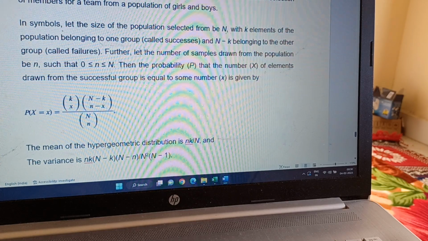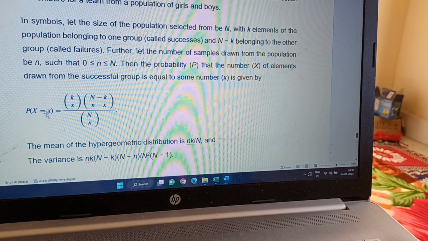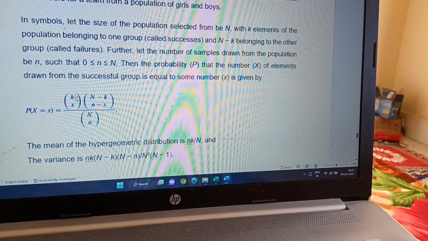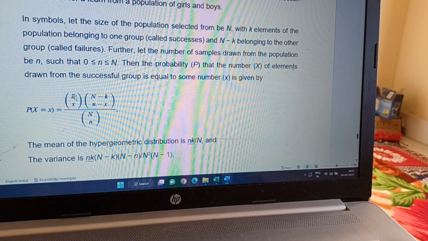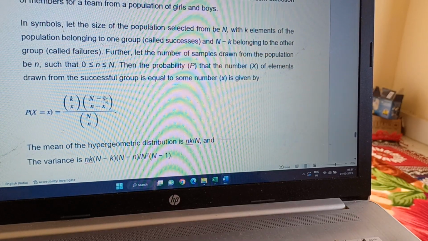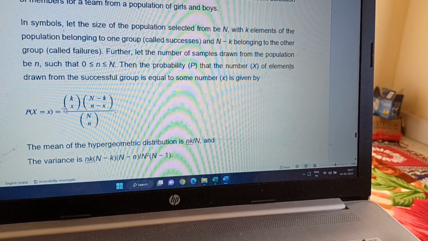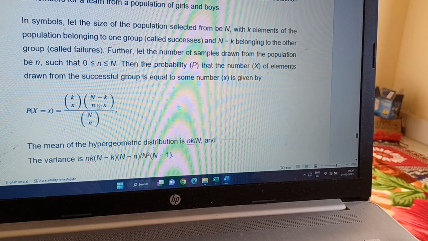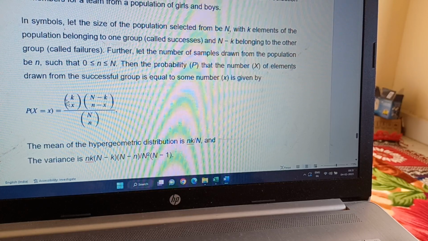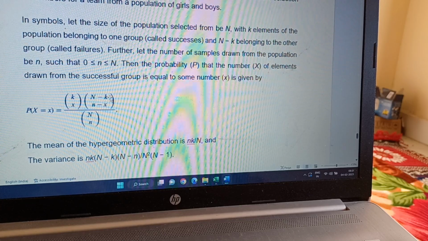So here I took K in the formula. You see the probability of X equal to x. K is the population of boys, and N minus K becomes the population of girls.